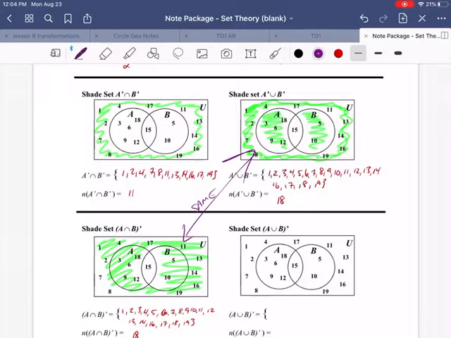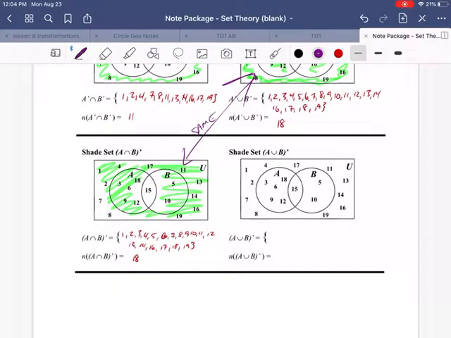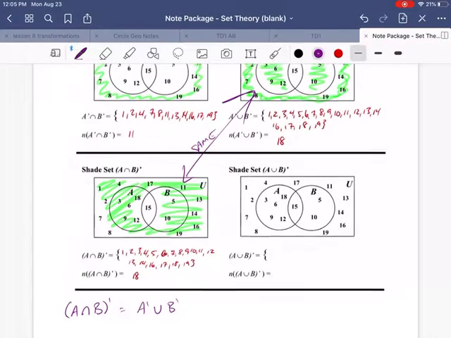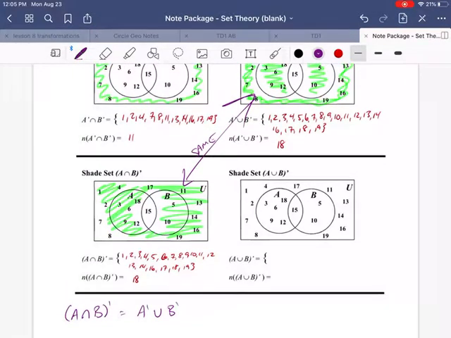Okay, so what you can note is that the complement of A union B is equal to the complement of A intersect the complement of B. Let's shade set A union B, and we're doing the complement of it.